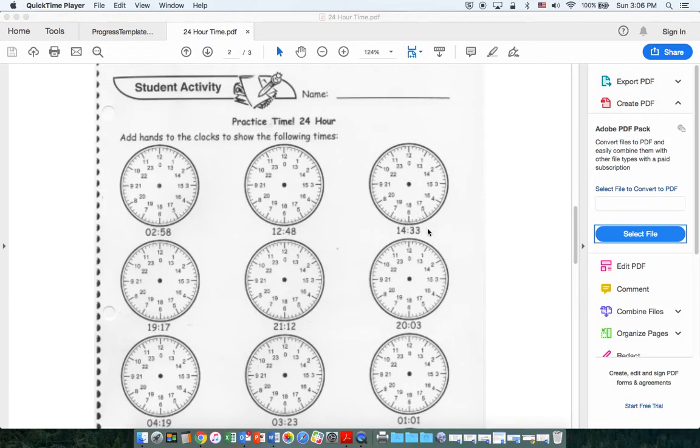But if I need to convert 14:33 to a 12-hour time, I know it's in the PM because the time is after 12. It's greater than 12, so it's obviously in the PM. I know it's still 33 minutes, nothing's changed, so it's something 33. Here's what I do. 14 take away 12 is 2. So I know that this time is 2:33.